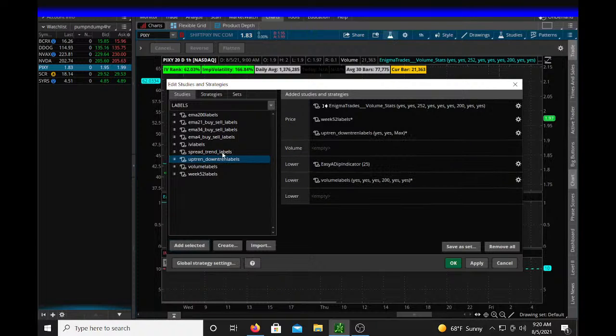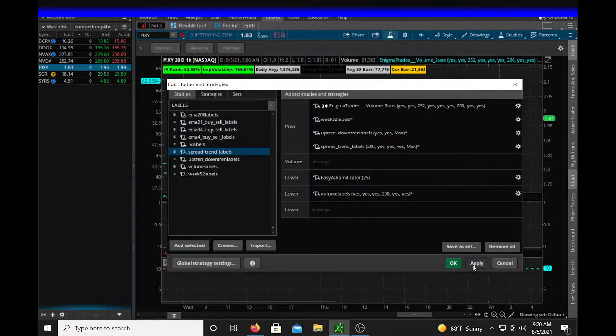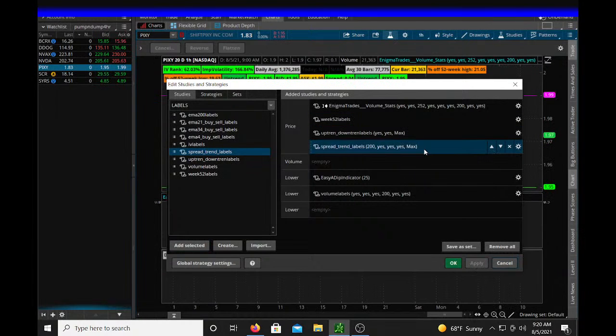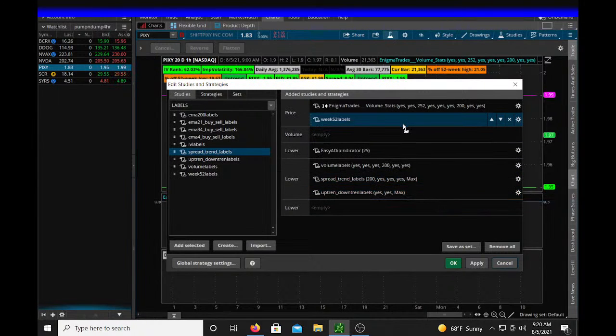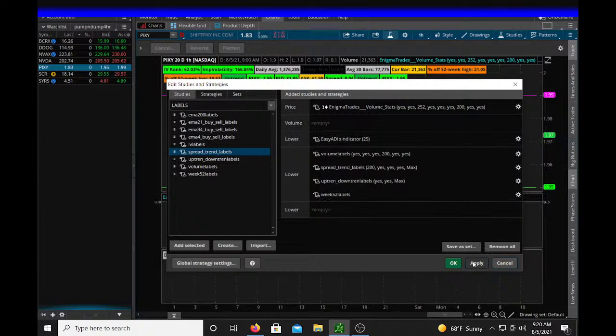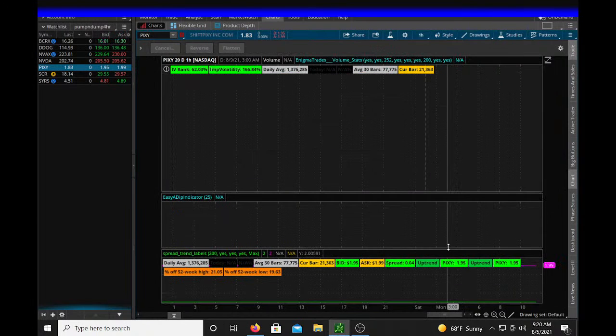Uptrend, downtrend. And our spread trend labels. All right, now let's drop that down here. We'll take our uptrend, downtrend, and our 52-week labels, because sometimes it's nice to know how far off of the 52-week high we are, off of the high or the low.